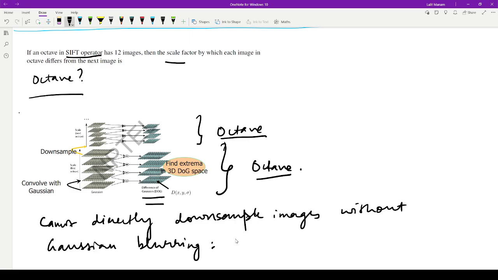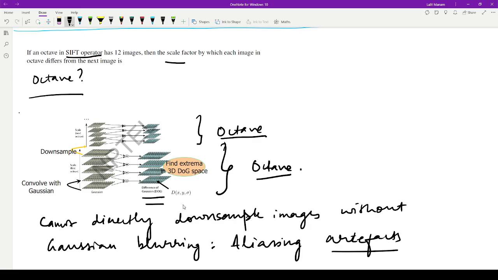Because we have aliasing artifacts. If you remember, in week one we did some image processing. We tried to learn about some low pass and high pass filters, right? So our sampling should be based on Nyquist criteria.